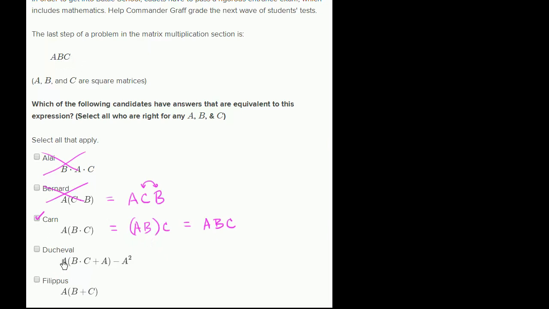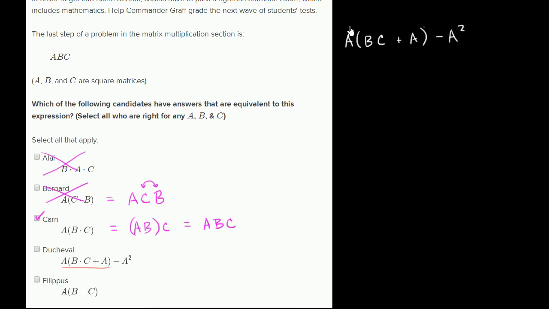Now Ducheval, let's see. Now this looks like a bit of a crazy expression, but let's think it through a little bit. So first of all, matrix multiplication, as long as you keep the order right, the distributive property does hold. So this first part right over here is equivalent to, so let me write this down. This one's interesting. So we have A times BC plus A minus A squared.